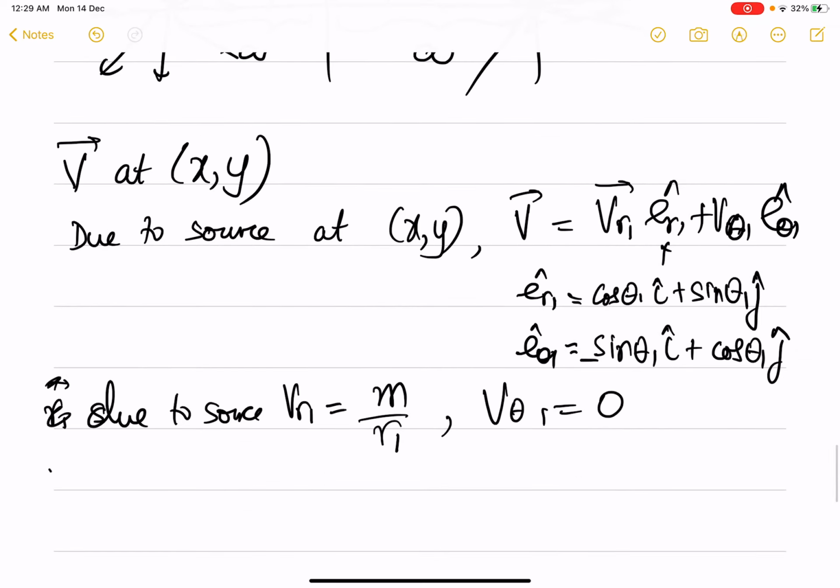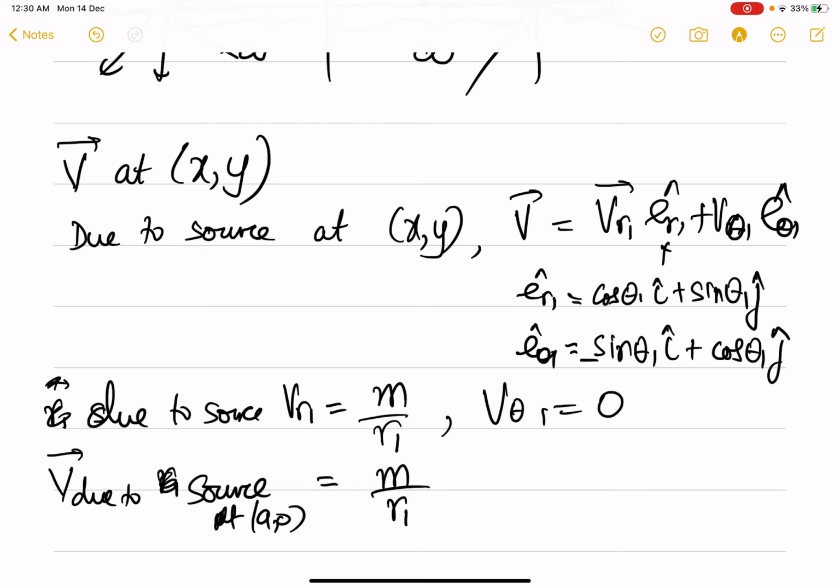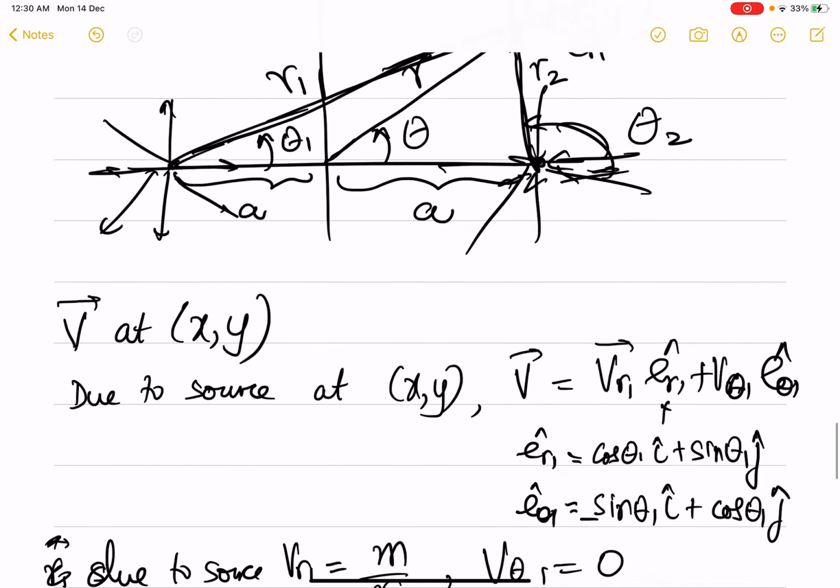So the velocity due to the source at a comma 0 will be equal to m by R1 times ER1, which is cos theta 1 i plus sine theta 1 j, and there is no component of V theta 1.